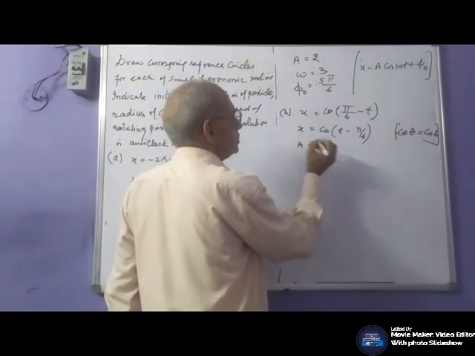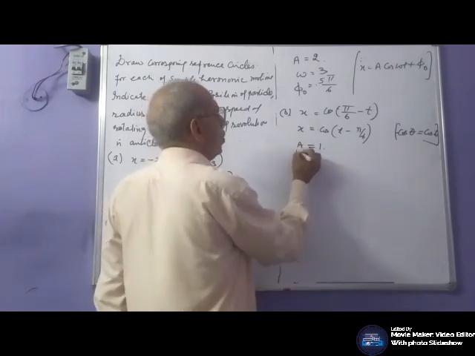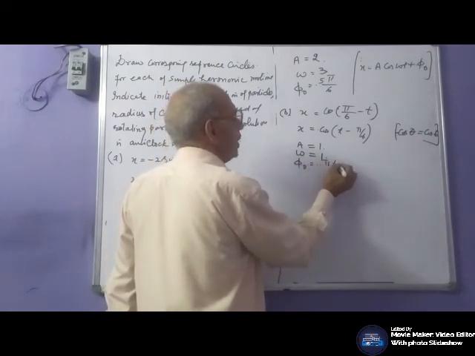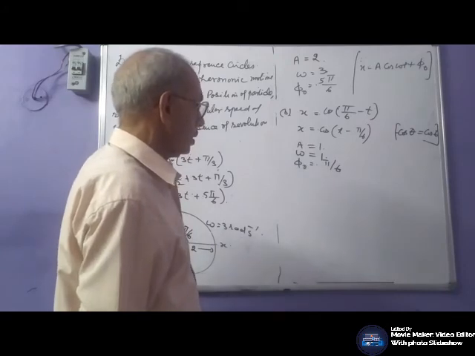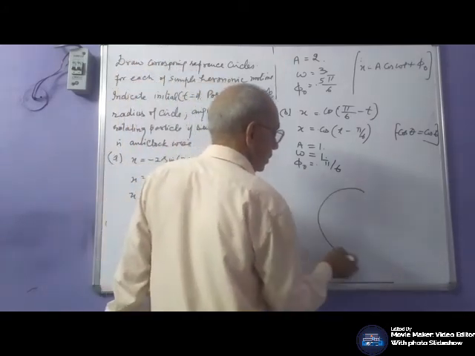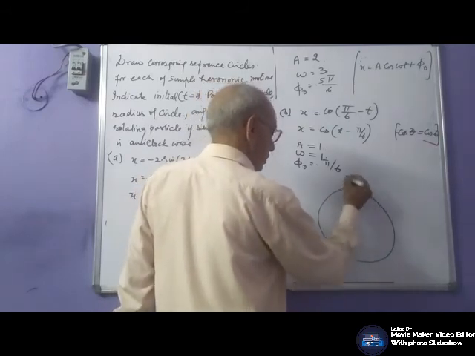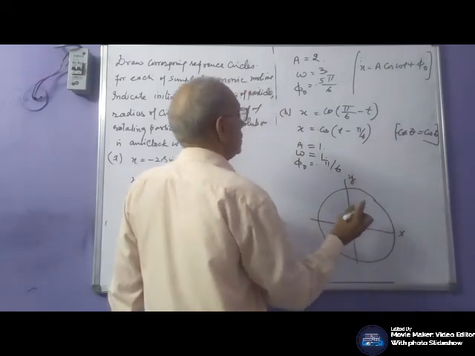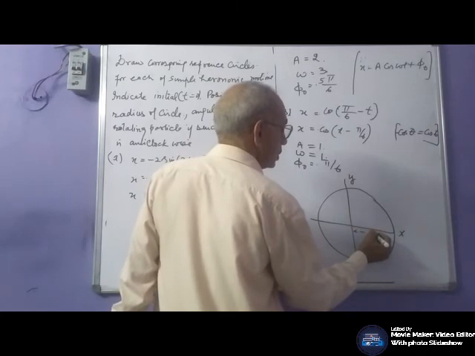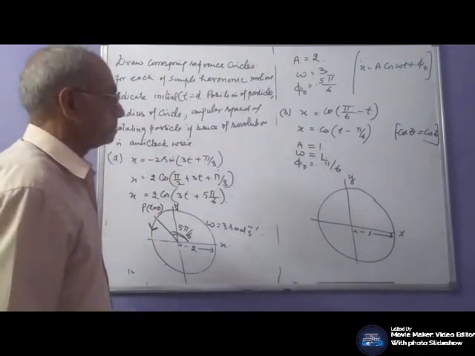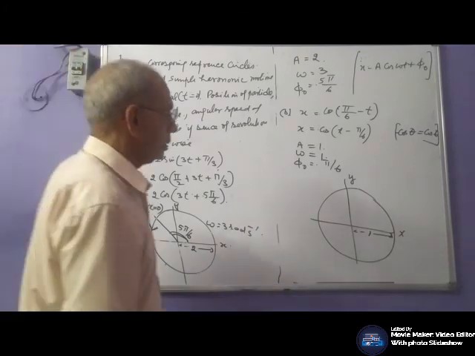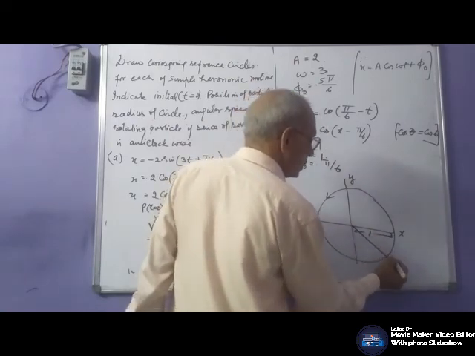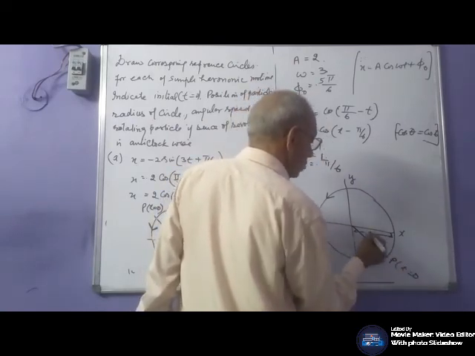So A is 1, omega is 1, phi naught is pi by 6. पीछे है ये, पीछे. x, y, this is A, it is 1, sense of revolution anti-clockwise पीछे, तो at t equal to 0.